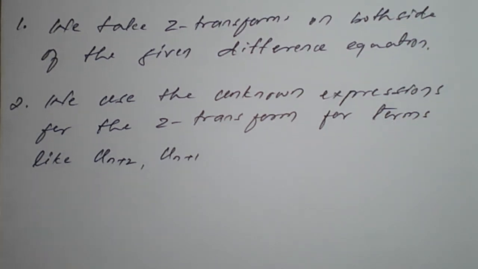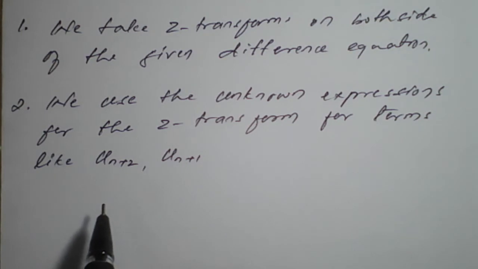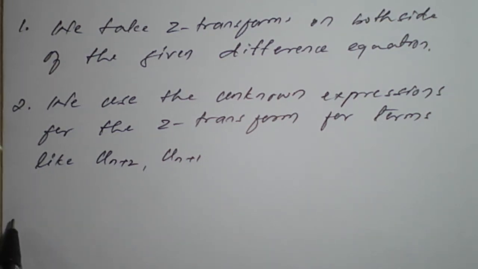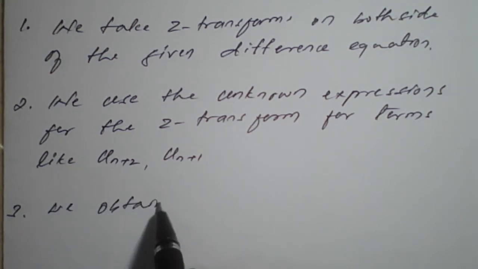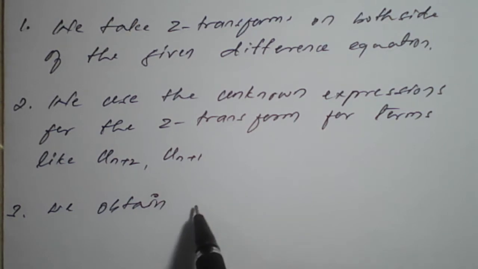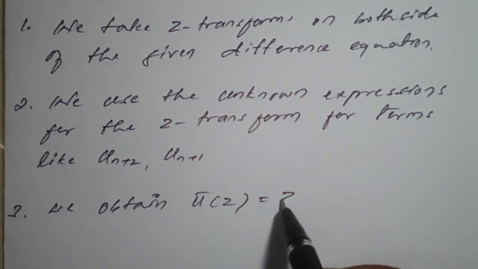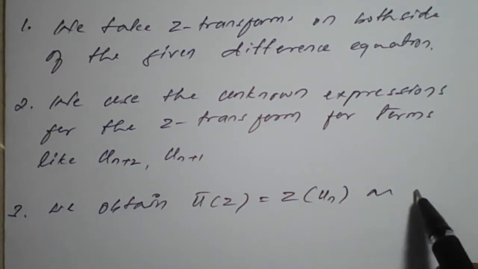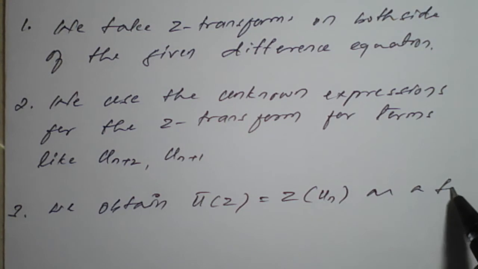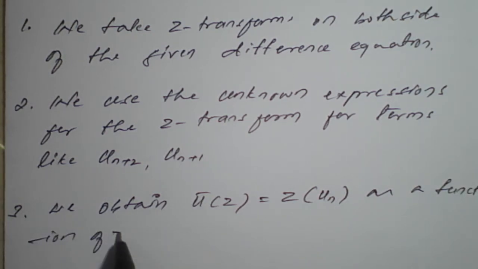Then next, step number 3, then we obtain u dash of z is equal to Z transform of un as a function of z.